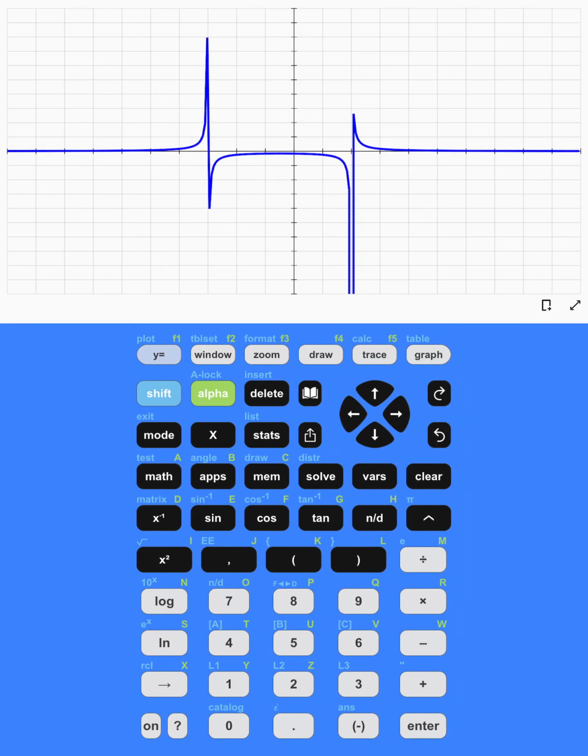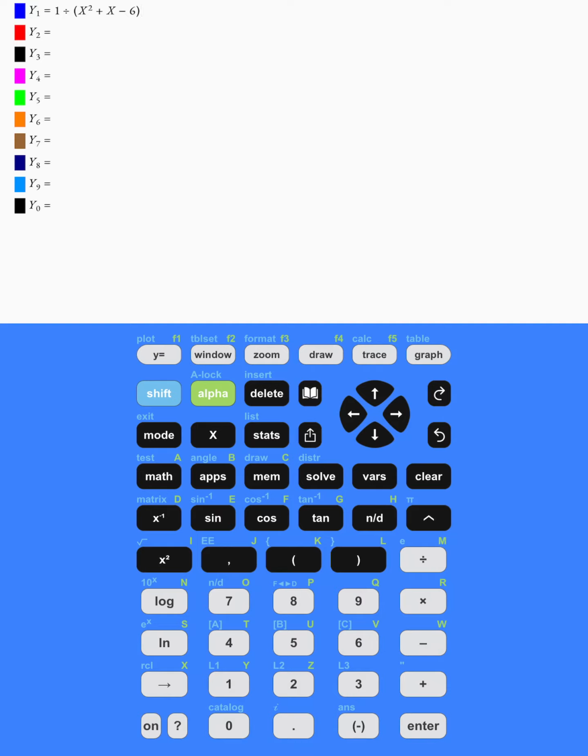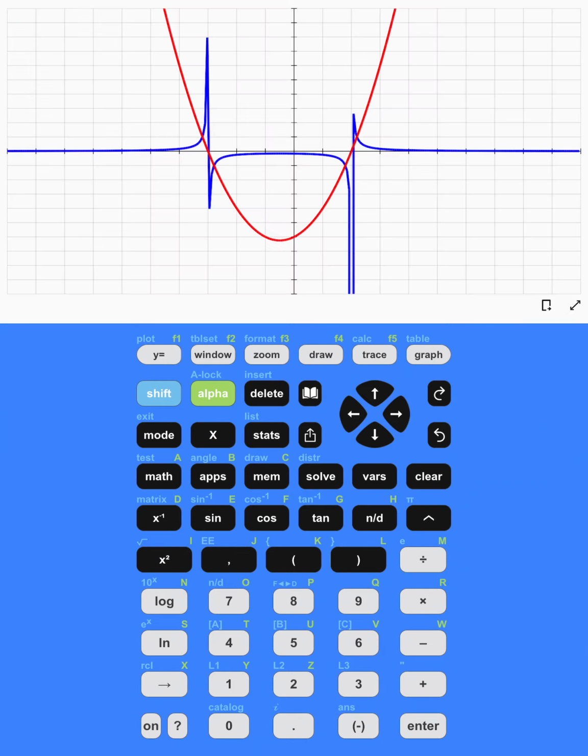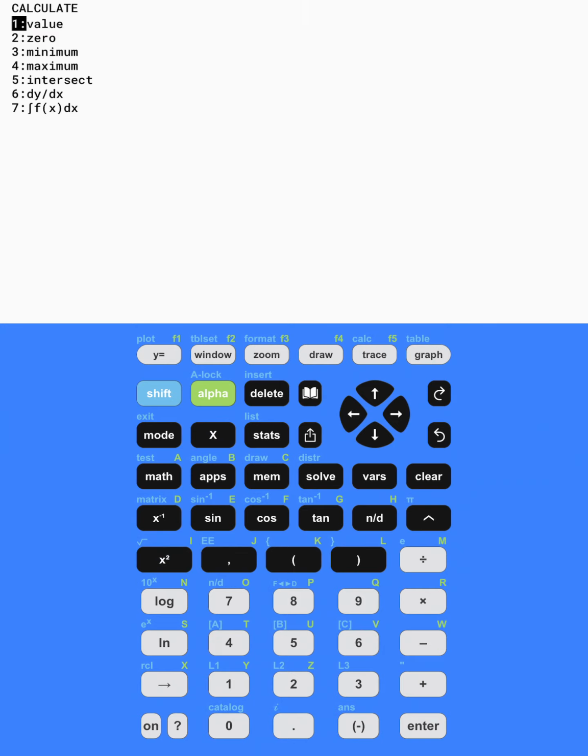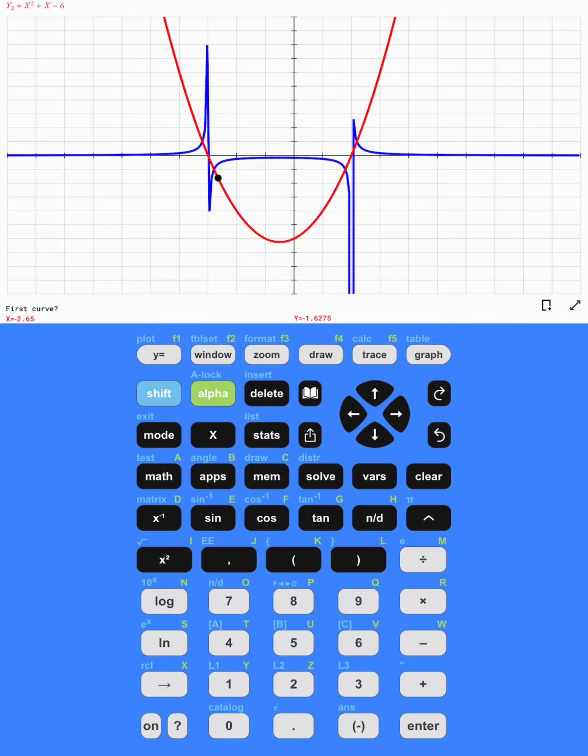So the intersection. And then in your graphing calculator, you can actually find them as well. So I want to show you how you can find them with your graphing calculator. You'd go second trace, number 5, intersection. You'd move as close as possible with your cursor to the intersection of your choice and press enter 3 times.